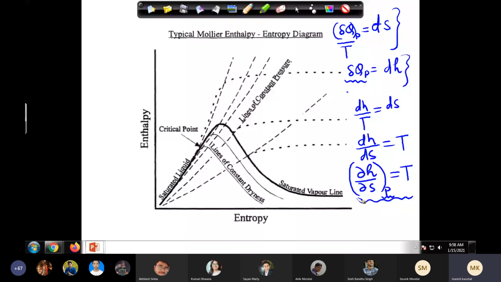So if slopes are equal, the temperature at those points are equal. If you join them, you will get a constant temperature line. So does it make sense, Bhavna? Yes, sir. Okay, we will see the more detailed diagram, then it will be more clear.